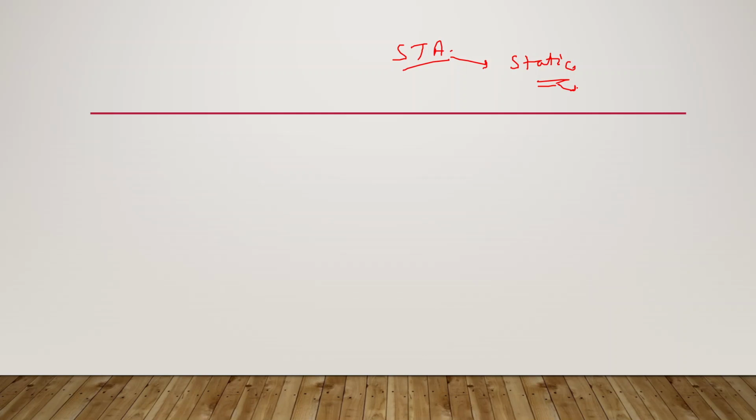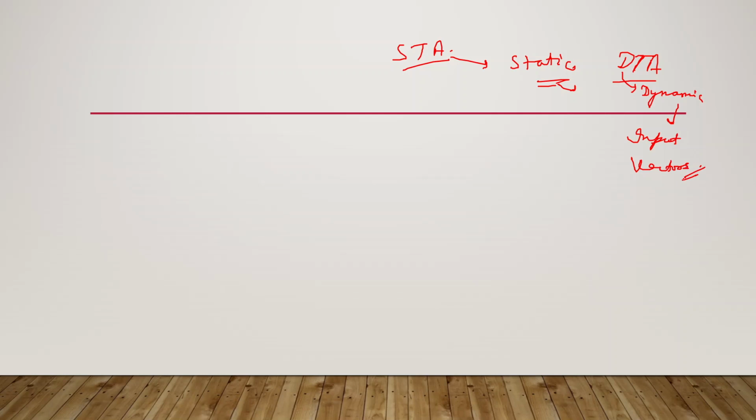So min and max, both paths, we are calculating the timing. Static means we are not applying any kind of input vectors. In the other case, DTA is dynamic timing analysis, and in that case input vectors are required.